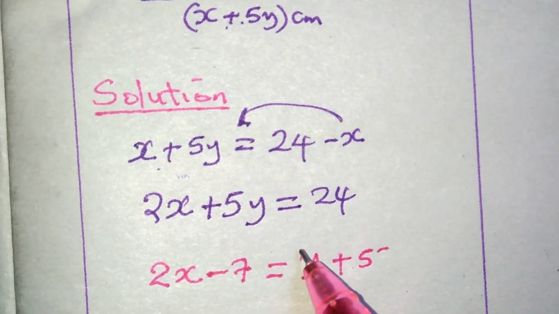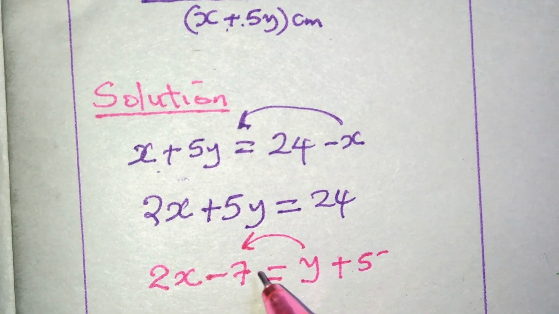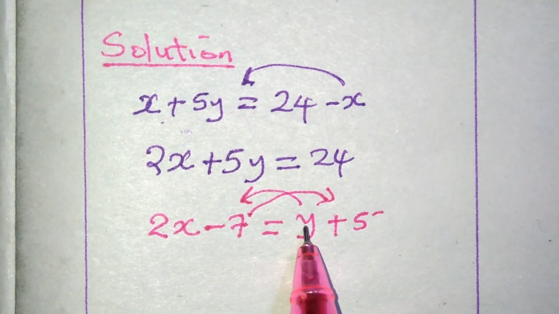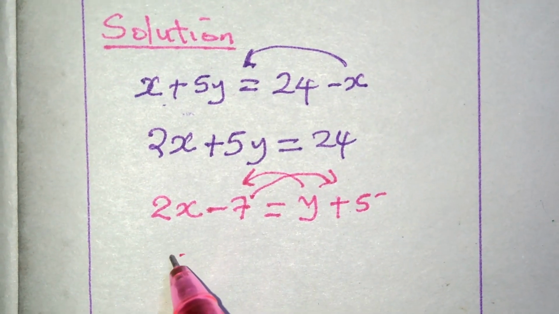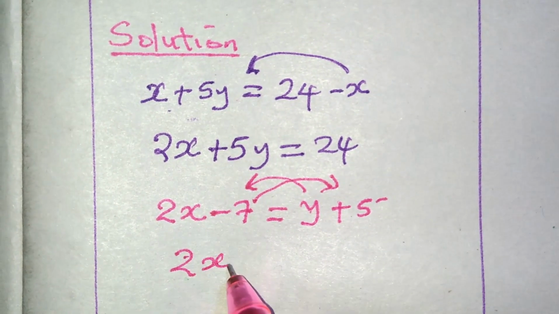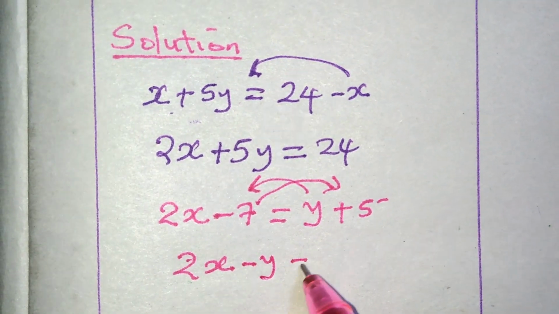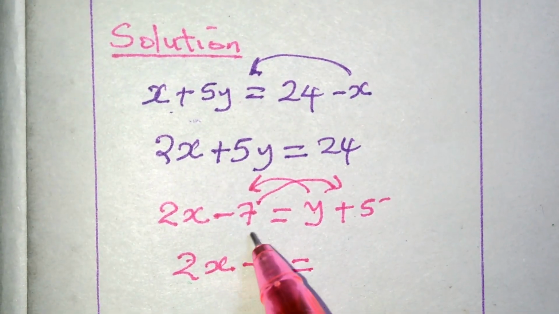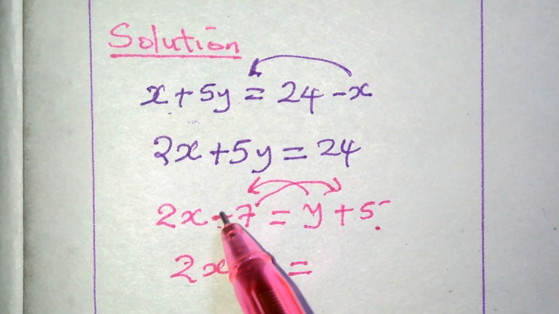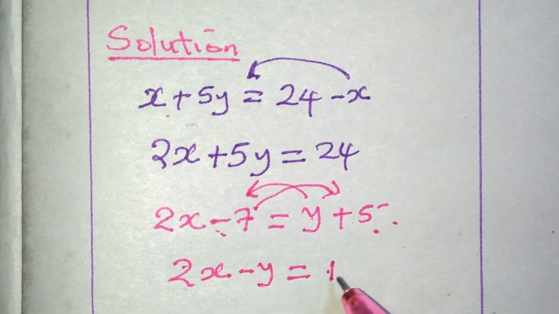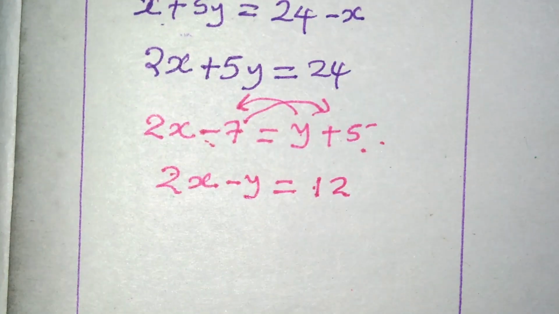In this case, we will have to take this one this side and that one the other side. Now if we bring y this way, it will be subtracting, so we end up with 2x minus y is equal to 5. When we bring 7 this other side, since it's subtracting here, it will add, and that gives us 12.